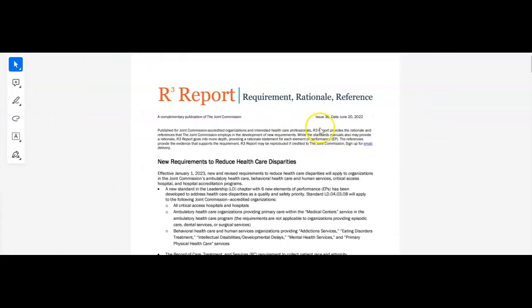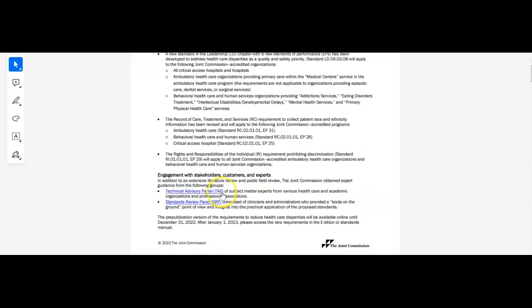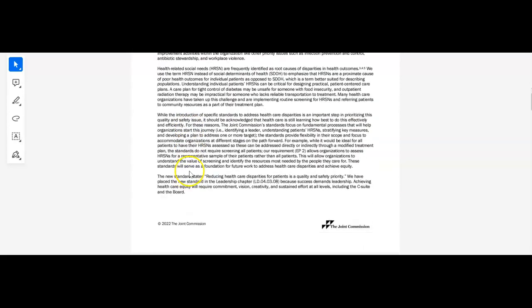This new requirement as of January 2023 sets requirements that hospitals now have, that the Joint Commission requires, and you can see what the standards are. It's kind of hard to read through, but they have a good introduction, so you would want to read that. And then you can look at the requirements.